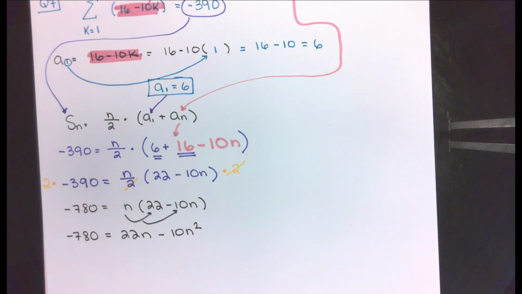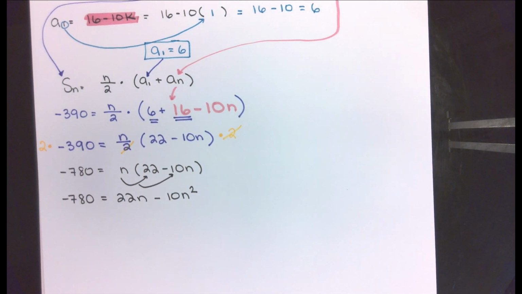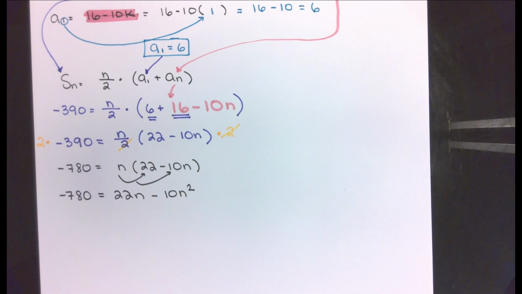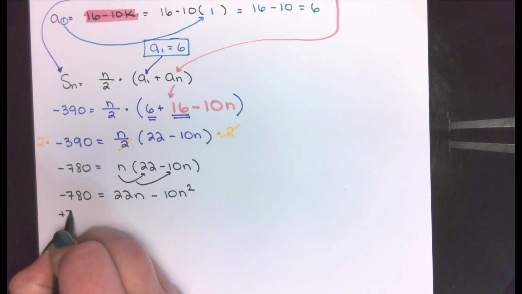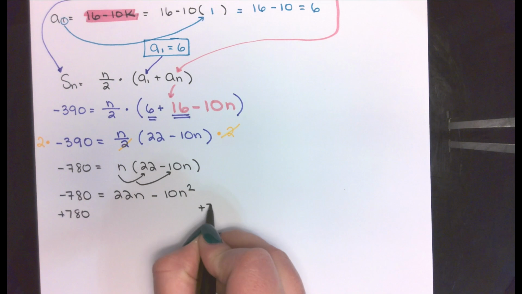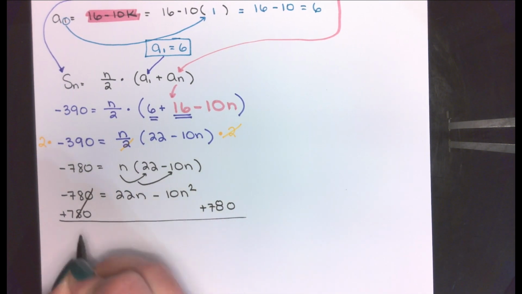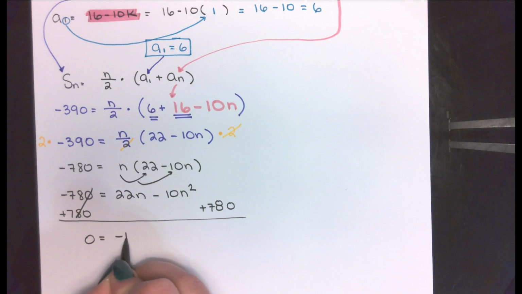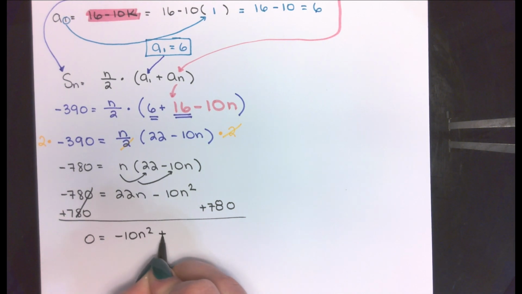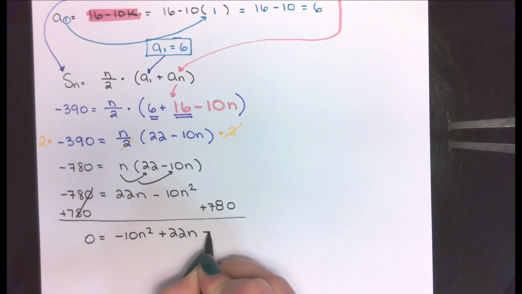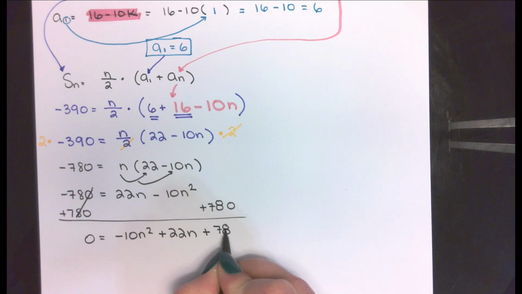Now again, I am realizing this is going to be the same hiccup that happened last time, where we won't have a leading coefficient that is 1, and that's okay. I'm going to add 780 to both sides and rearrange this in standard form. So we got 0 is equal to negative 10n squared plus 22n plus 780.